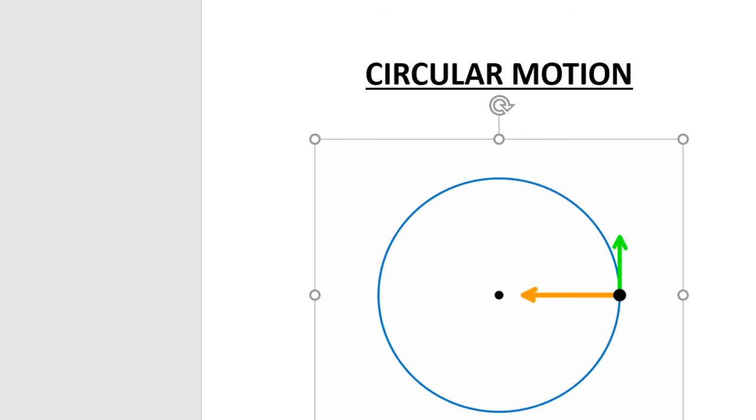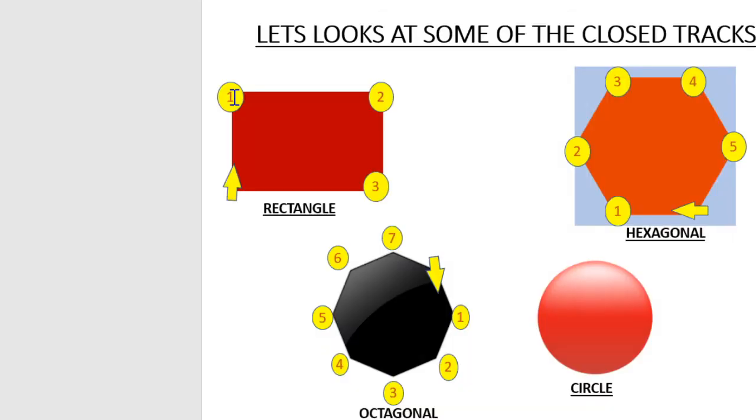If you look at this diagram, look first at the rectangle on your left. Suppose this yellow arrow shows my initial position, and I start my journey here. Initially I go north, and I reach my first point, and at this first point I change my direction.